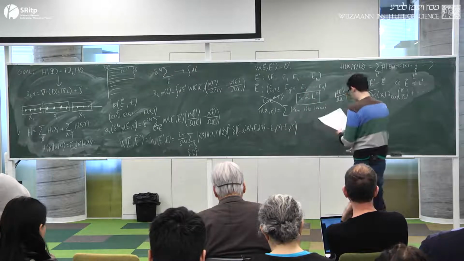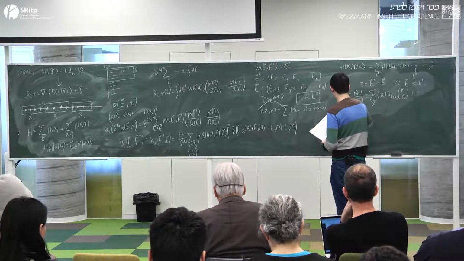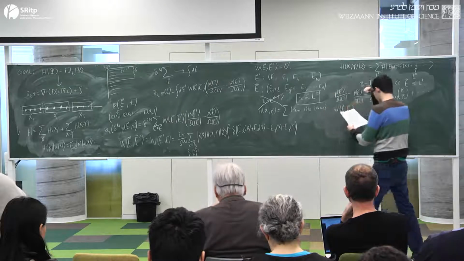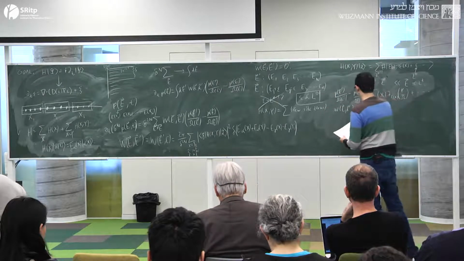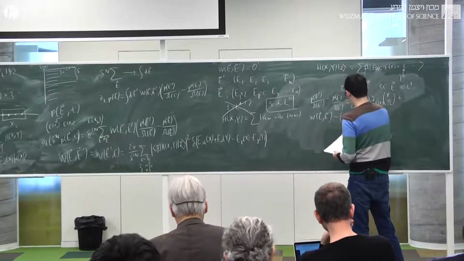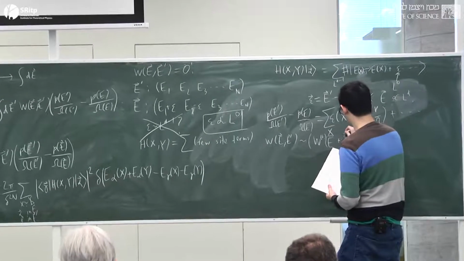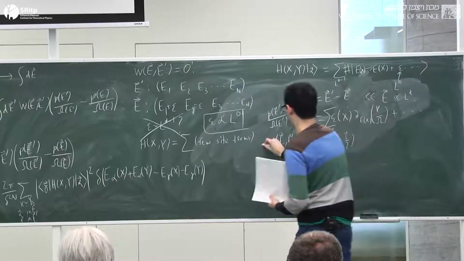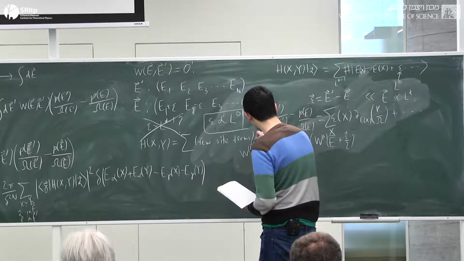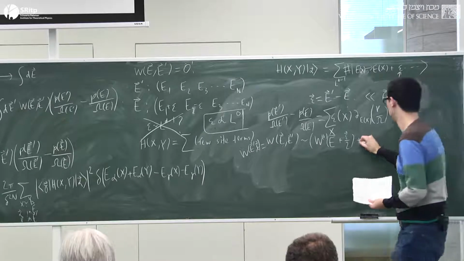Okay? So keeping that result in mind, the transition rates W of E and E prime, we can think of these as, just to be schematic, we can Taylor expand this function in terms of epsilon. Note that this function is symmetric, so that will simplify the terms that I'm allowed to write down.